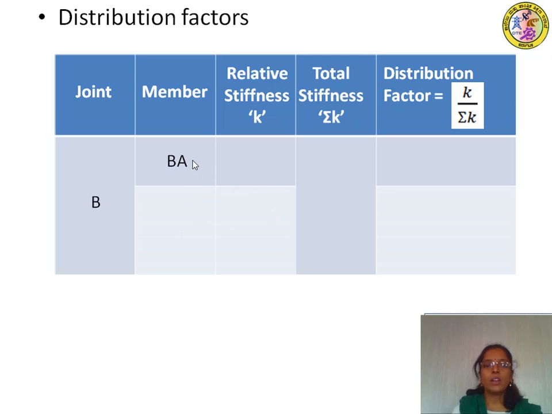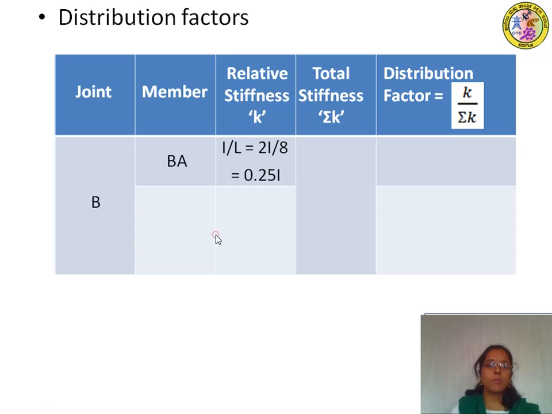Let us find the relative stiffness for BA. Since the far end A is fixed, relative stiffness is calculated by I by L. The moment of inertia for member BA or AB is 2I, so 2I divided by length, 8 meters, will be equal to 0.25 I.